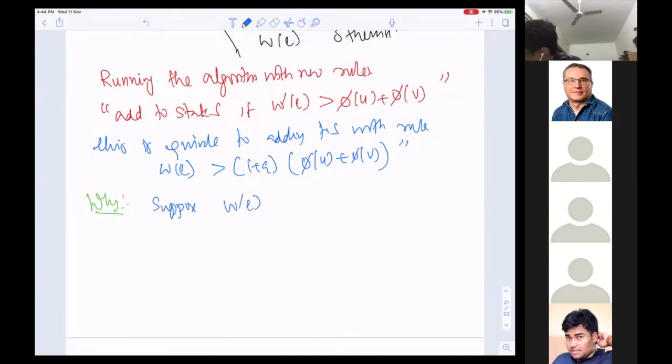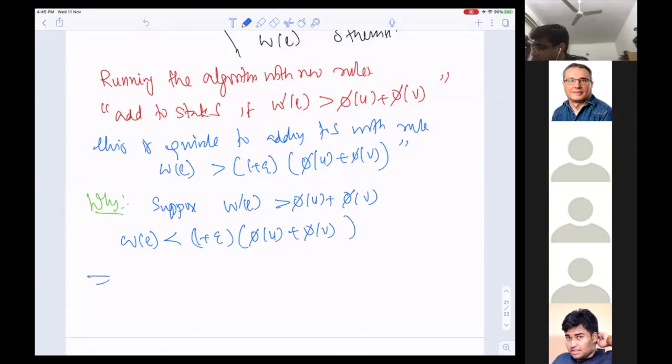Well, this is true because suppose weight prime of e is greater than or equal to phi u plus phi v. Now, but suppose weight of e is less than that, but you added wrongly probably. What does this imply in this case?